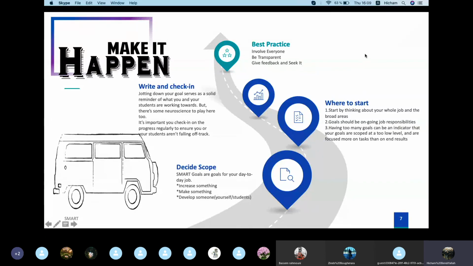You need to have a value, of course, that you are setting goals in order to improve something for your students or for yourself. And at the same time, you need to share your goal with your students or the people who are going to be part of that process, so that they exist within whatever objective you're going to do. Sometimes you even need to share it with them.